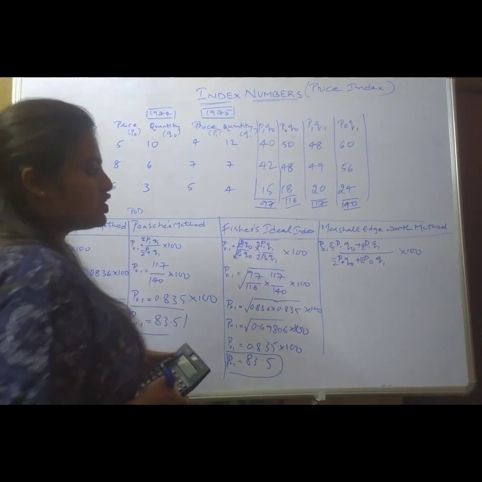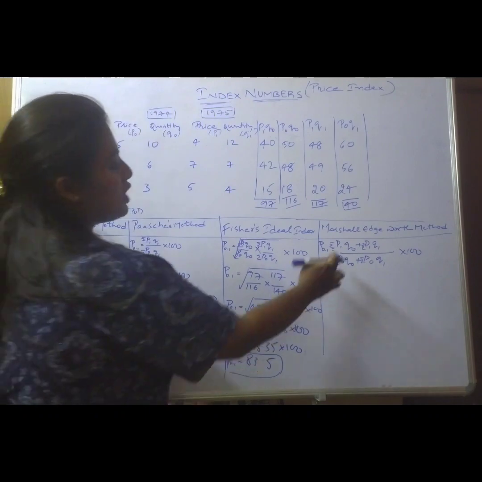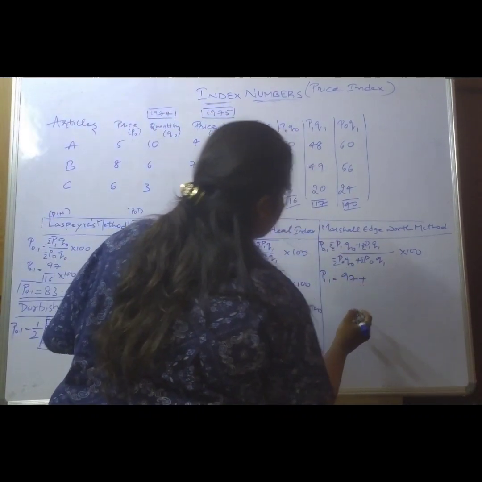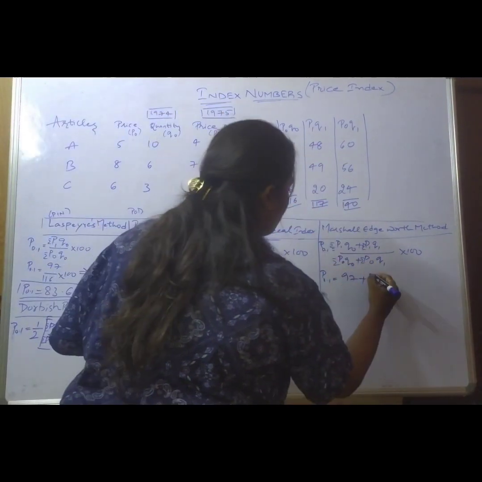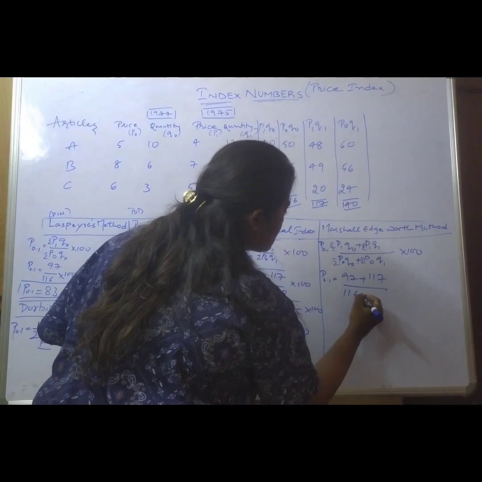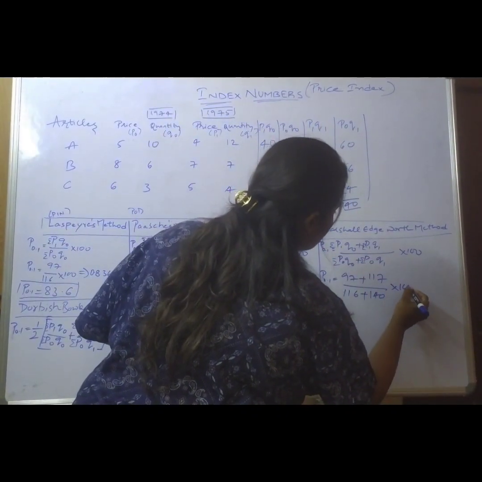Now let's go with Marshall Edgeworth. P01 is equal to summation of P1 Q0, which is 97, plus summation of P1 Q1, which is 117, divided by summation of P0 Q0, which is 116, plus summation of P0 Q1, which is 140, into 100.